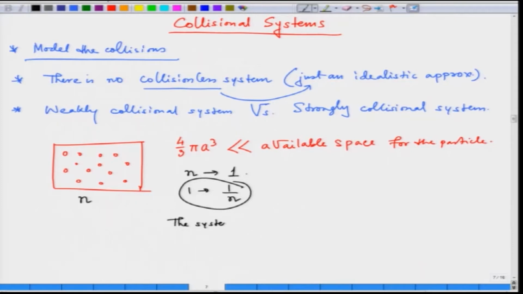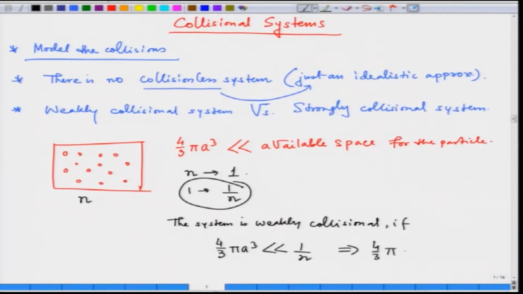Then the condition for the system to be weakly collisional is that 4/3 pi a cube should be very much less than 1 by n. And then you can easily say that 4/3 pi a cube n should be very much less than 1.